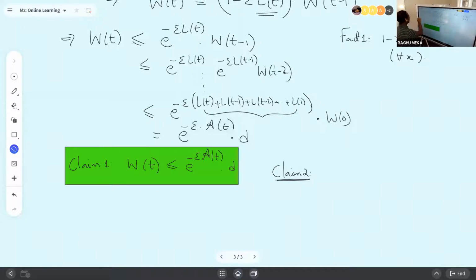In particular, we clearly know that the weight after day T is, for any expert I, at least their weight. But what is the weight of that expert after T days? Remember, our algorithm is deterministic. It just updates the weight in a fixed way. So what can you tell me about their weight after T days?